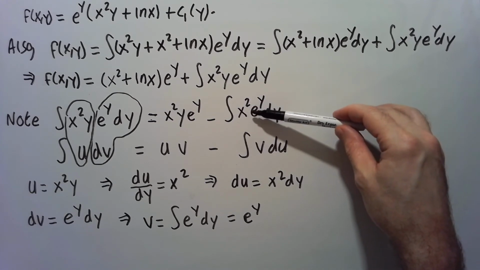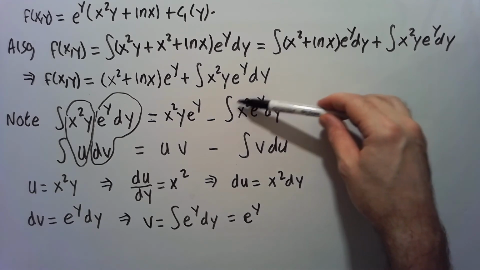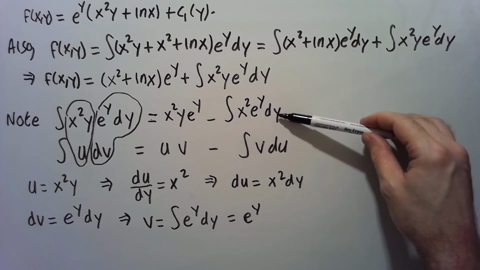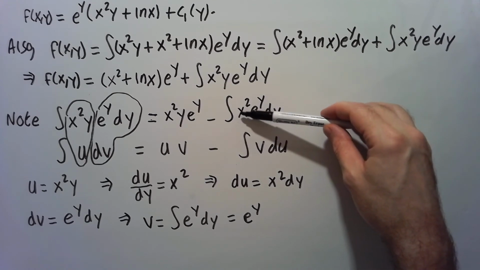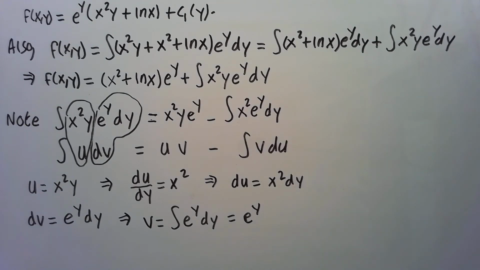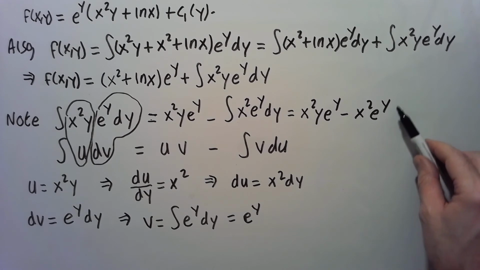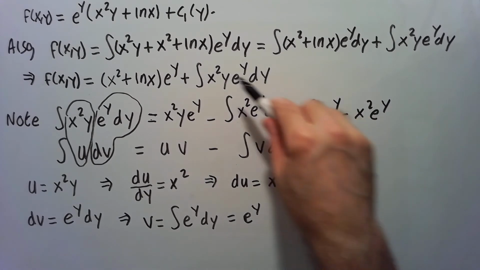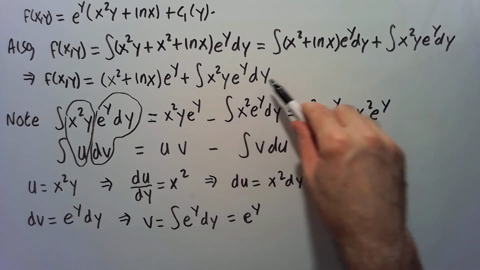And then integrating this guy, the x squared is a constant here, consider it a constant because you're integrating with respect to y. It's going to be negative x squared e to the y then, so let me write the final answer here. So we get this then. Now we're going to substitute this in place up here. So let's do that now.